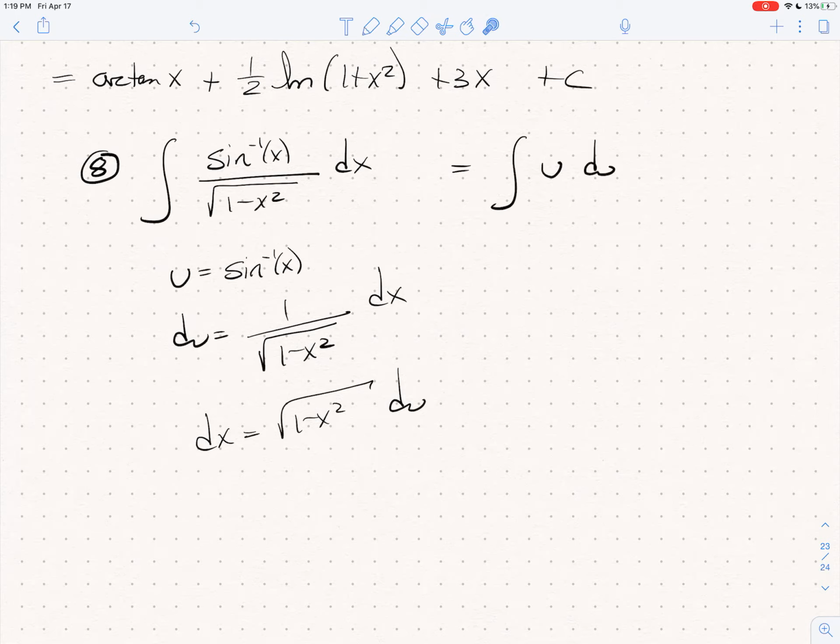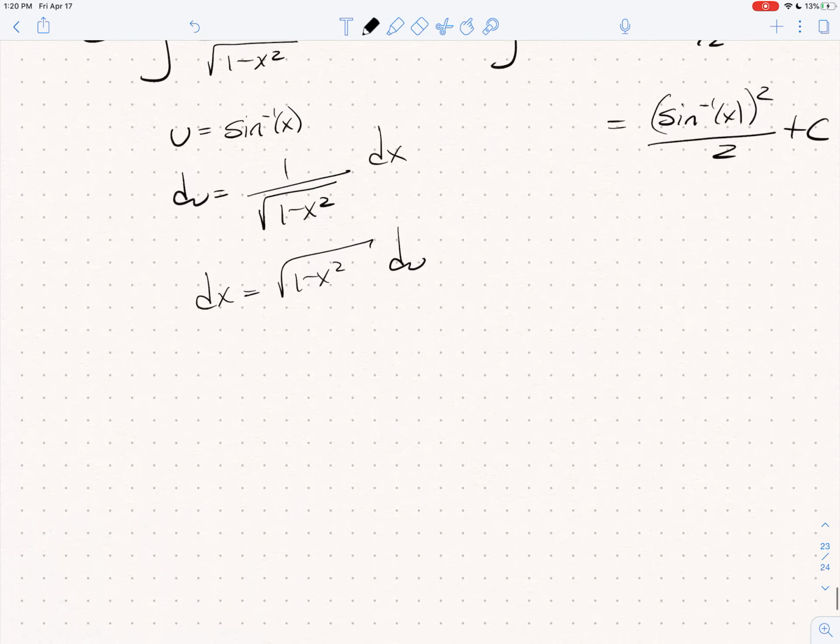When you put the dx in, the radical and this radical cancel, and you get the integral of u du. So this is just u squared over 2 plus c. And, well, u was arc sine. So this is arc sine of x squared over 2 plus c. And that is the solution that we were after.